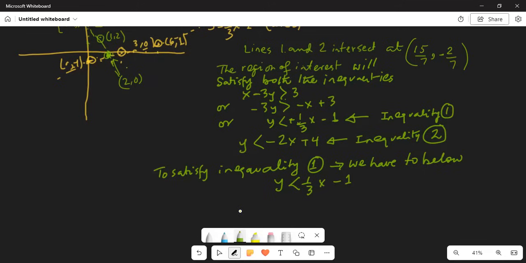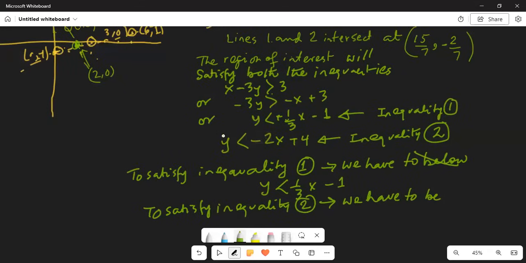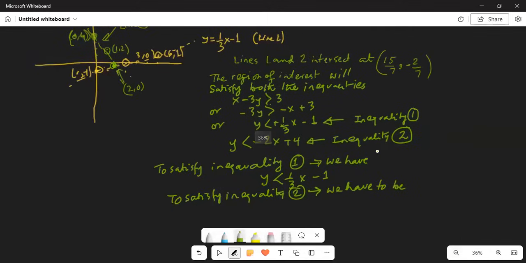To satisfy inequality 2, we have to be below y less than minus 2x plus 4. Let's reduce that.